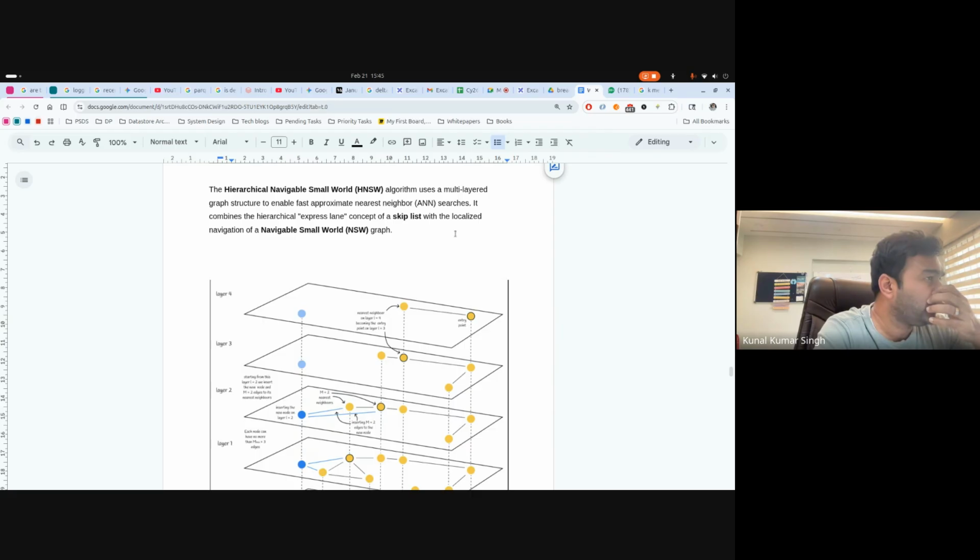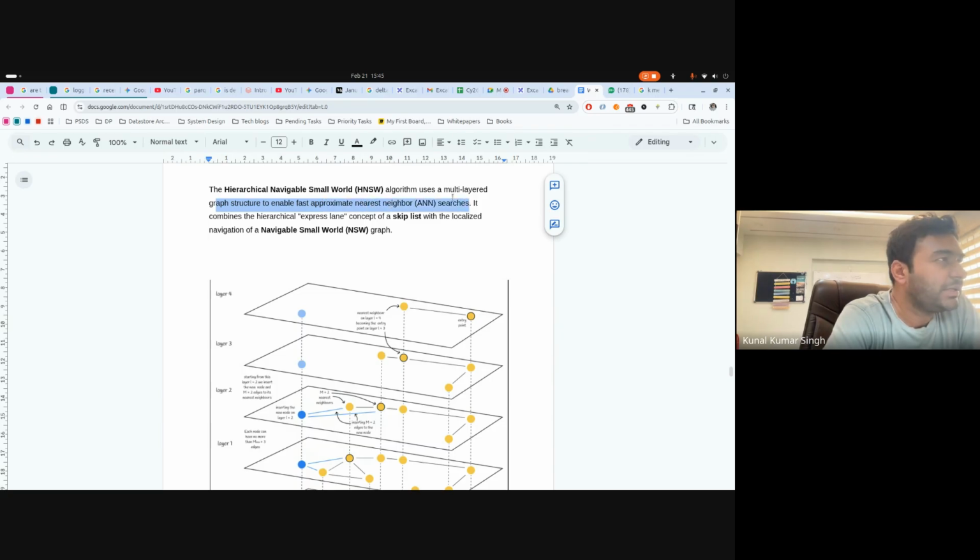So what happens in this, right? Let's go through this. And I think Puneet sir, आप लोग भी किया होगा. I think we can brainstorm this, right? Okay, how this is basically helping. So HNSW algorithm uses a multi-layered graph structure to enable fast approximate nearest neighbor searches, right? It uses a multi-layered graph structure.